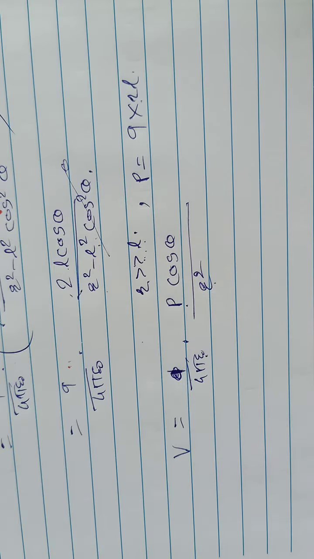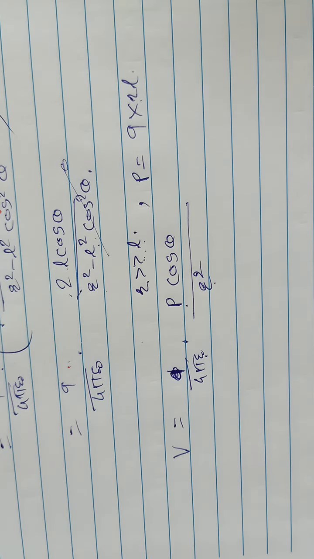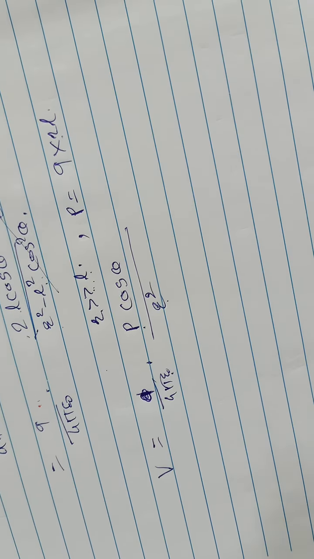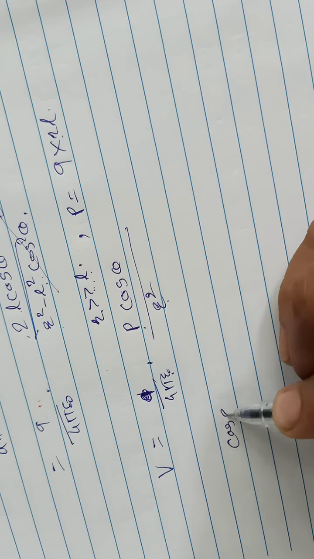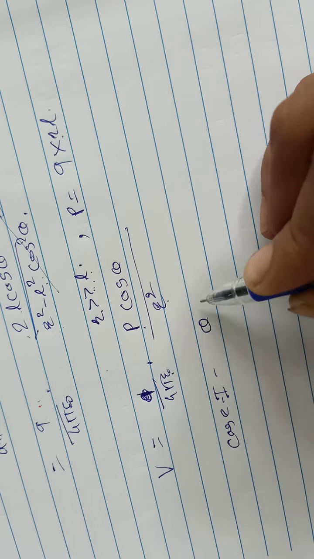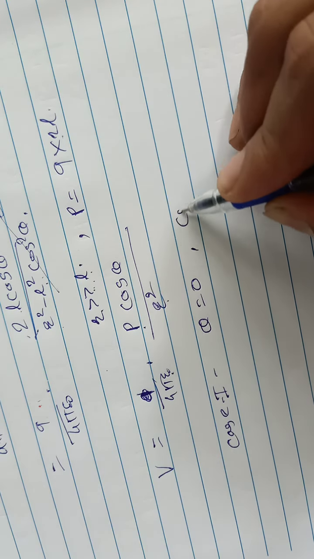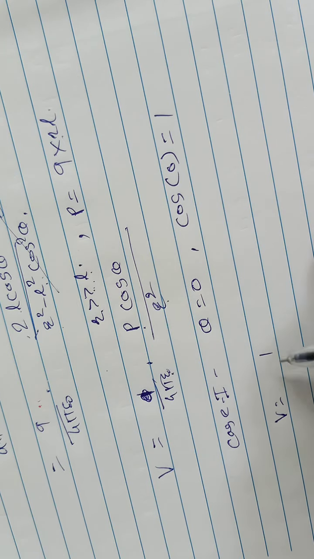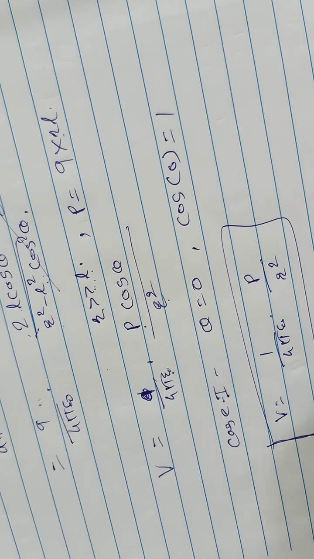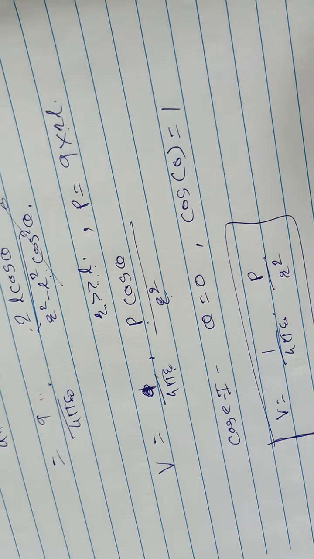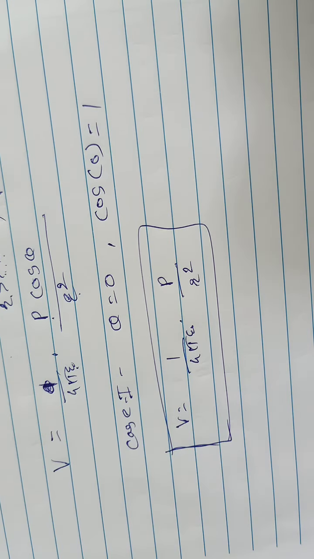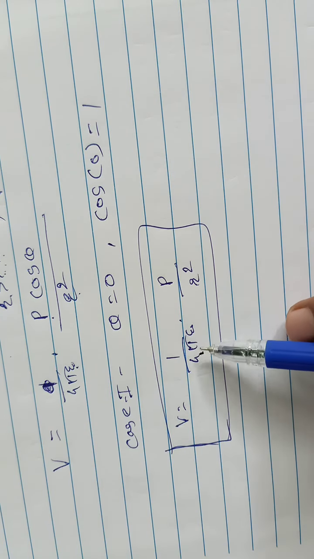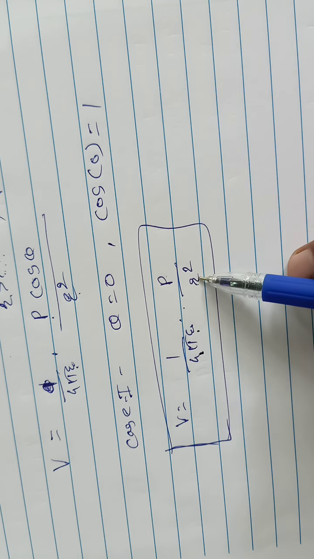Now we have two cases here. In the first case, suppose we consider theta as 0. We know that cos 0 is nothing but 1, so our value becomes V equal to 1 upon 4 pi epsilon naught p upon r square. So when theta is 0, the electric potential due to the electric dipole is nothing but 1 upon 4 pi epsilon naught into p upon r square.